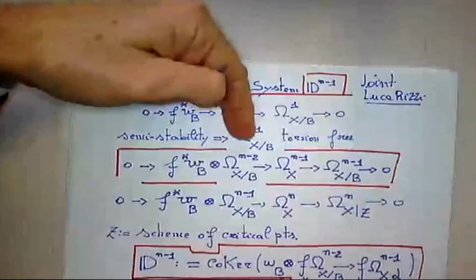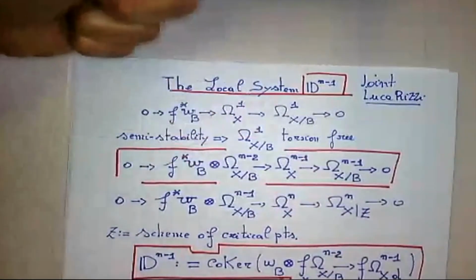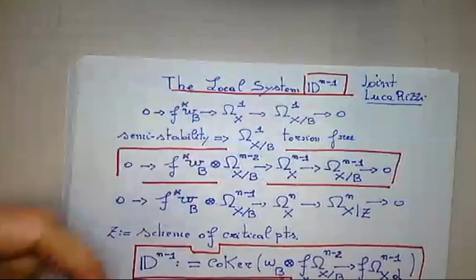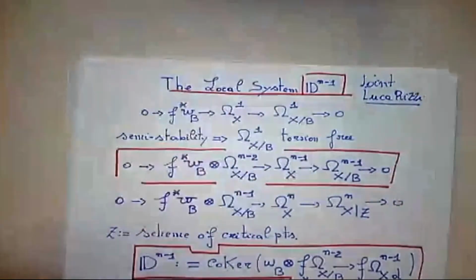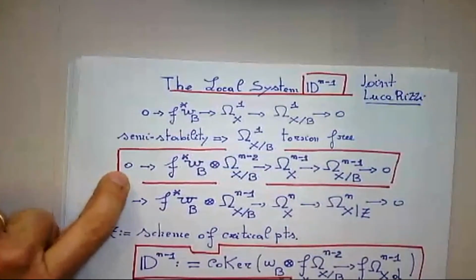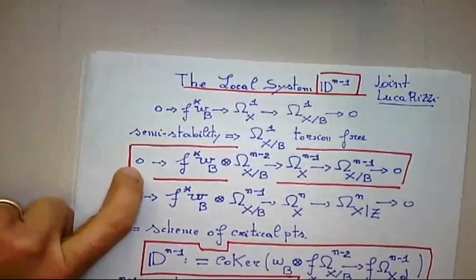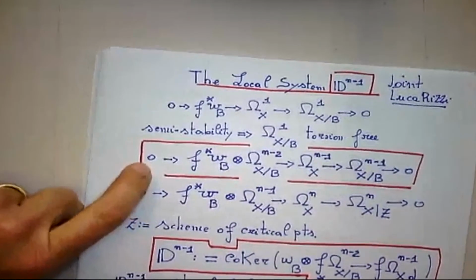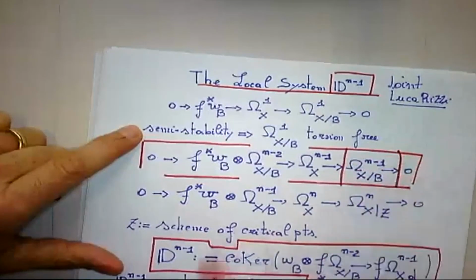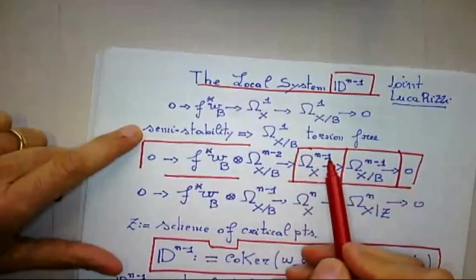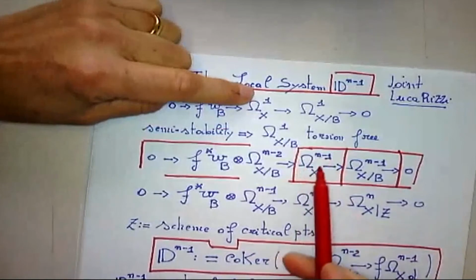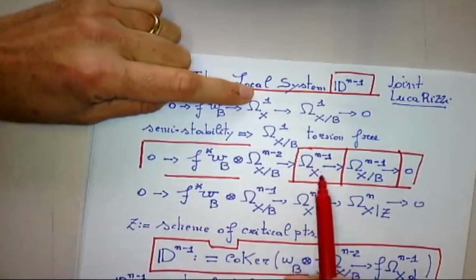Once you have that, you can consider a lot of standard sequences that you can imagine. You do the suitable wedge of this sequence. And actually, we only need to consider two. The wedge n-1 sequence, which comes from the wedge n-1 of this, and these sheaves are the n-1 forms on the total space.